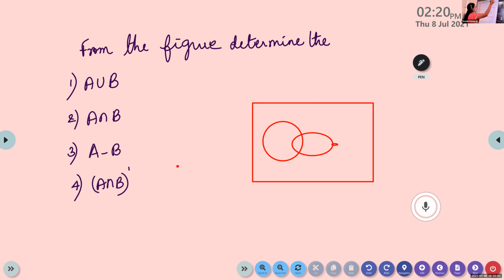This is the set A, this is the set B, with elements 2, 4, 5, 1, 7, 3, 0, 8, 6, 9. From the Venn diagram, determine the following.